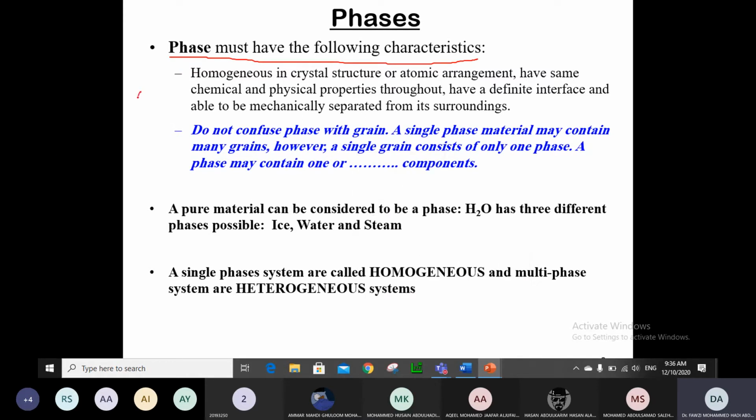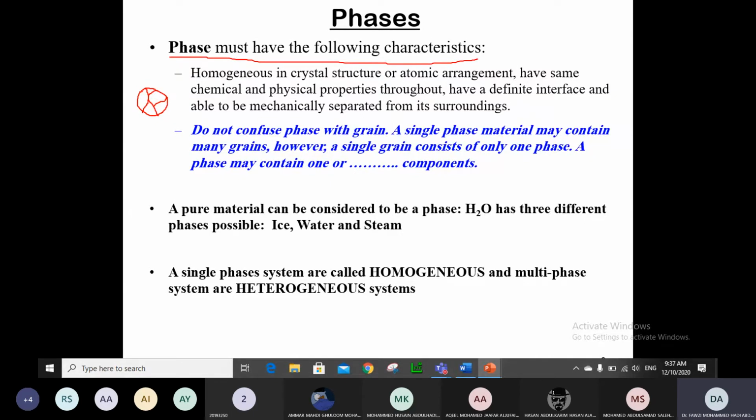When we have a grain, let's say this is a polycrystalline material, it looks like this. This is a grain. This is a grain. This is another grain. These are grains, but a single grain can have only one type of crystal structure.